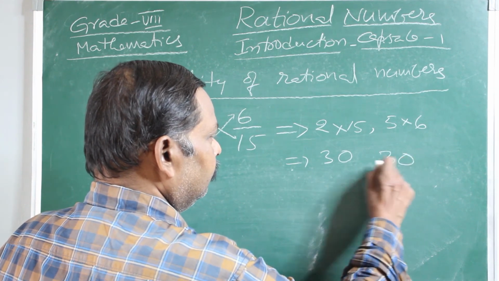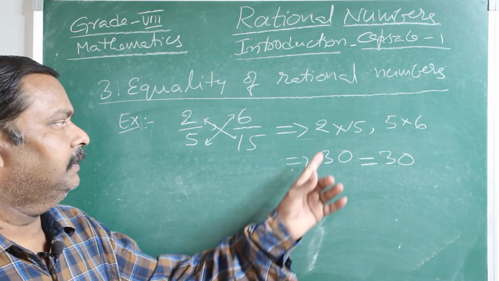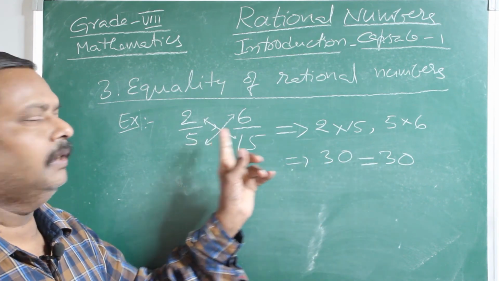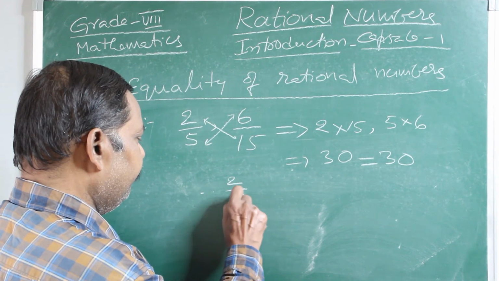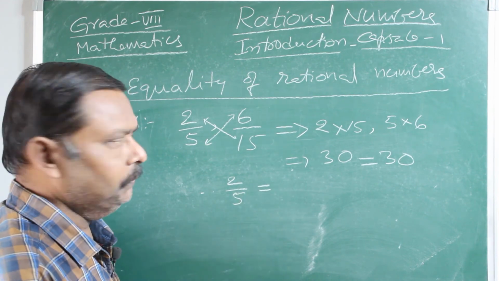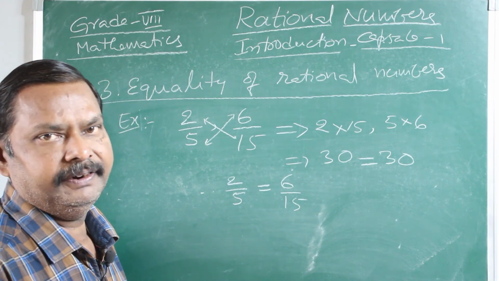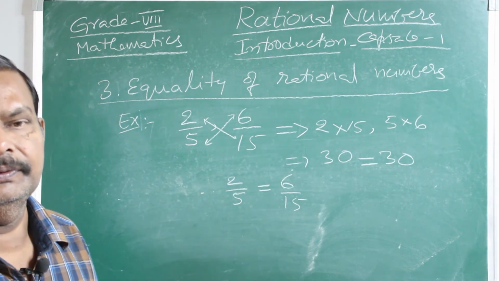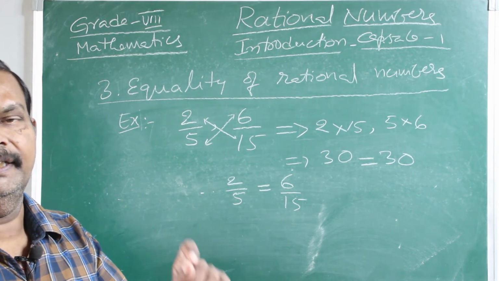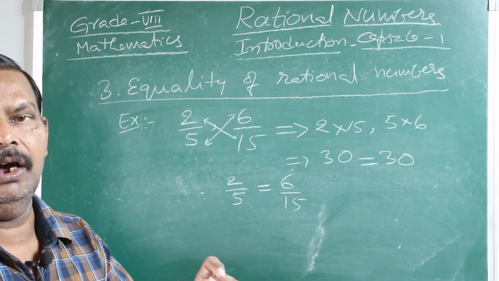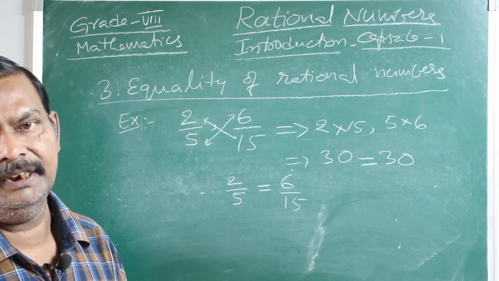So you got equality. Since these two products are equal, the two rational numbers are also equal. Therefore, 2 by 5 is equal to 6 by 15. So by taking cross multiplication, we can verify whether the given fractions are equal or not. This is about the equality of rational numbers.